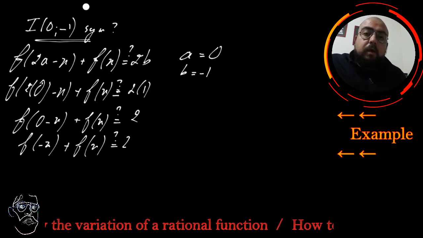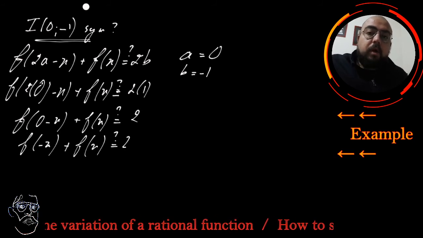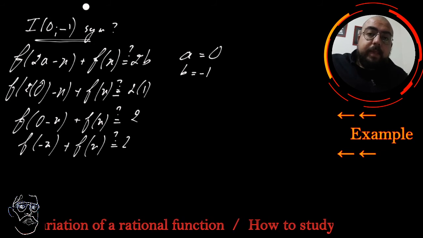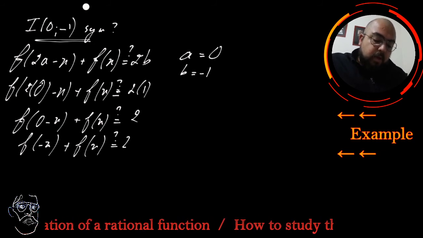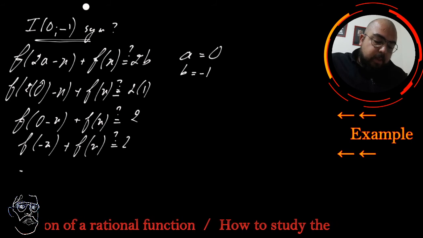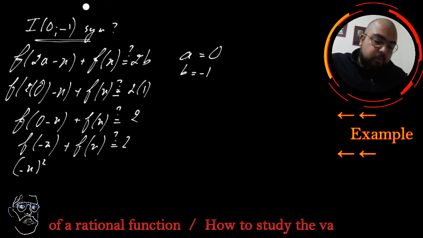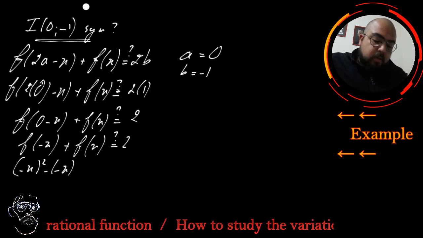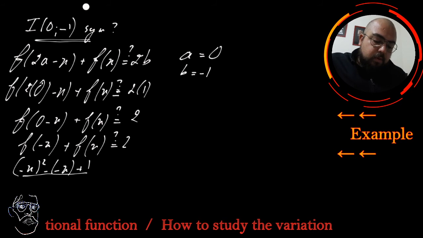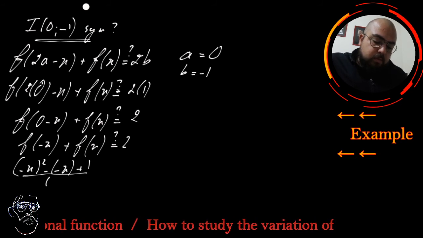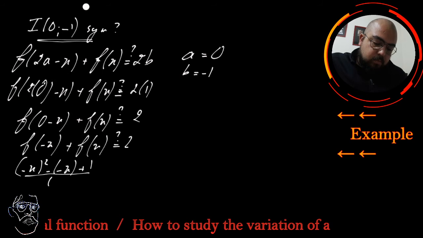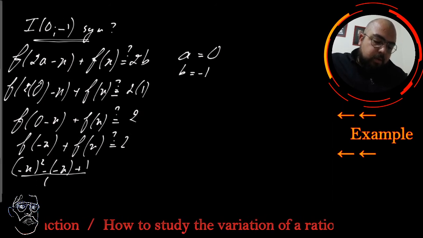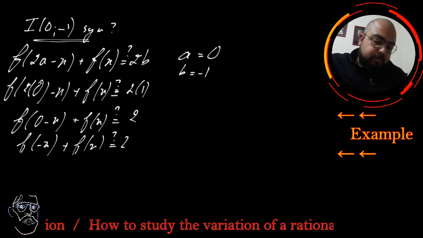In this case, I will have to take my function, and whenever I find x, I will have to replace it by minus x. So I will have minus x to the power of 2 minus x plus 1 over minus x. Alright, I'm gonna write it down on a new page, it's better.